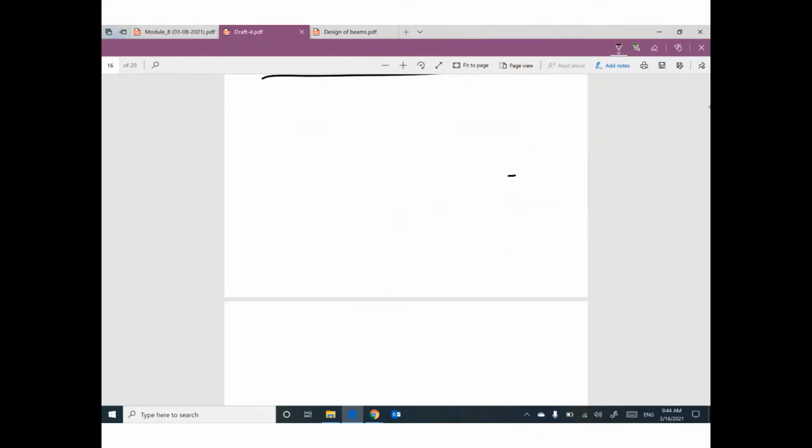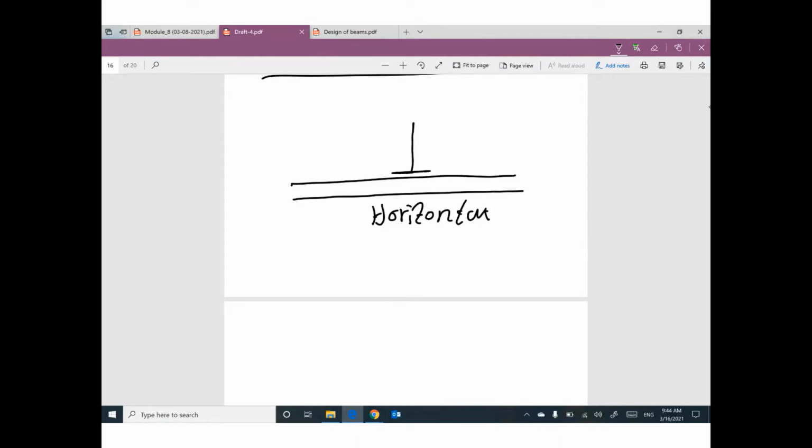Okay, if you have a beam which is horizontal, supporting another beam, so that the other beam will be horizontal also. And the weight of the beam, the live load, are vertical.